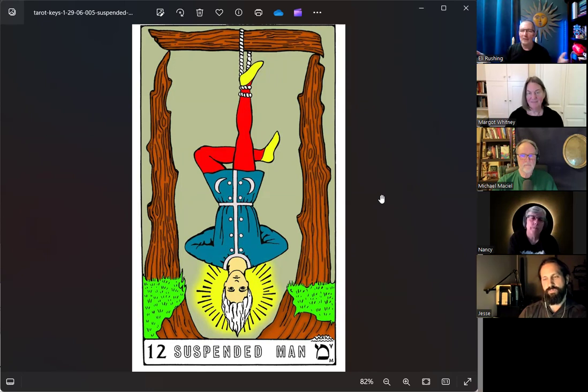If in some keys this is Odin on the cross, or the crucifixion, that sort of thing, it's the identification of self with the personality, which is the lower four spheres on the tree.